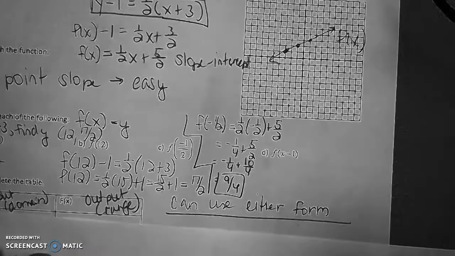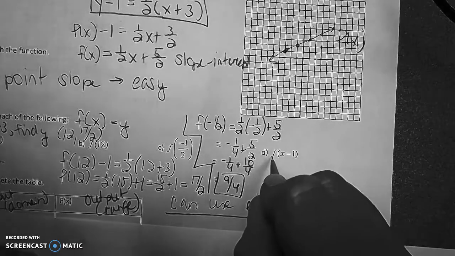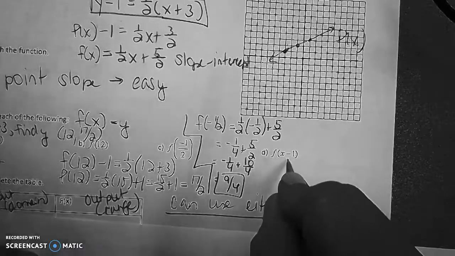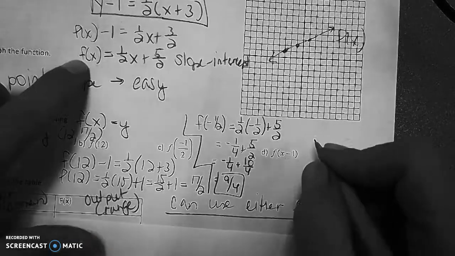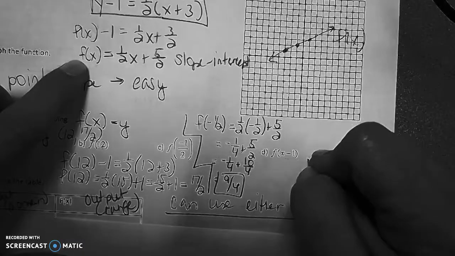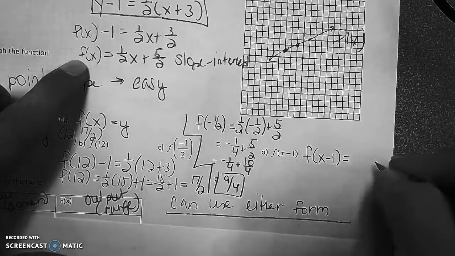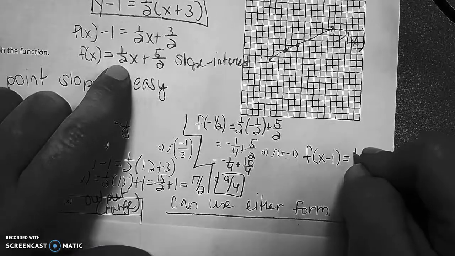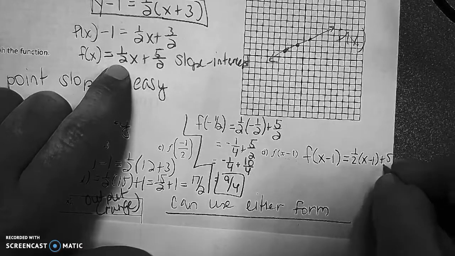Okay, let's look at D part. So following the same strategy, this is saying take your function, and every time I see an x, I need to plug in x minus 1. I'm going to go ahead and use slope-intercept form. So every time I see an x, I'm going to plug in x minus 1. So I'll have 1/2 times x minus 1 plus 5 over 2.